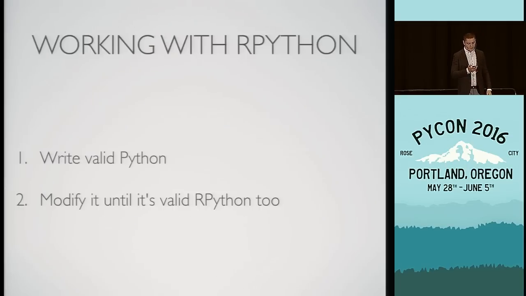So what is working with RPython like? You keep writing normal Python, and once you have your program working, you try to compile it with RPython, it fails, and then you spend the next 7 weeks trying to make it not fail. I'll come back to this, but when you saw these immutable hints and elidables and type systems, it's a very complicated thing.